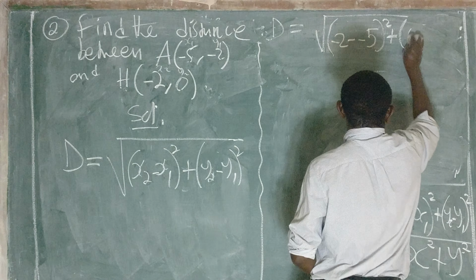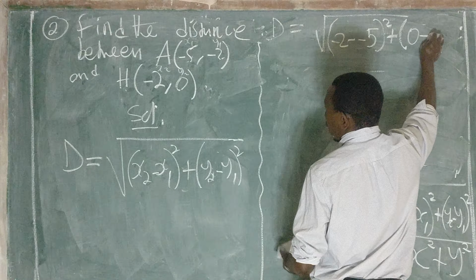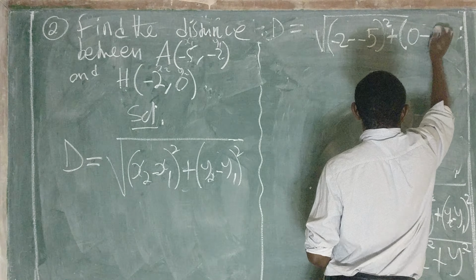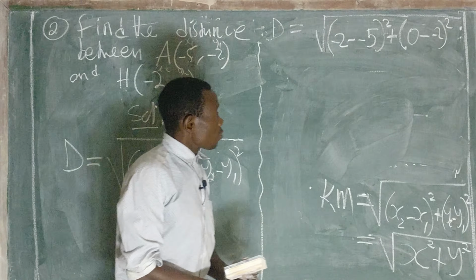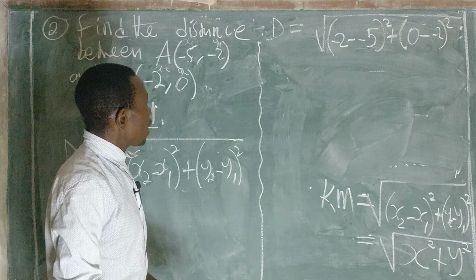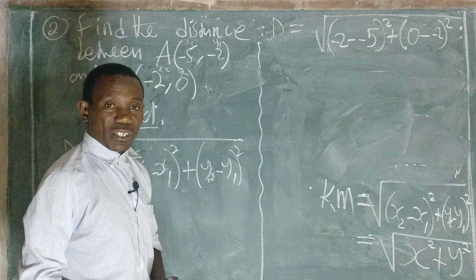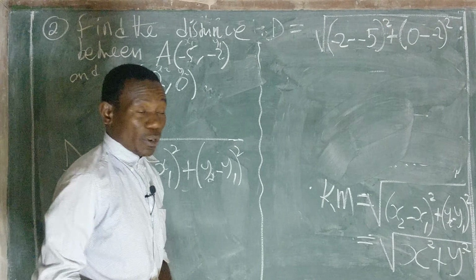So the 0 has to be substituted for y2, then this one should subtract that other coordinate, which is -2. So that should be squared like this. All right, so I hope that you guys are following. What we're doing here is just knowledge about the distance between 2 points, and this is the way we have to do it always.